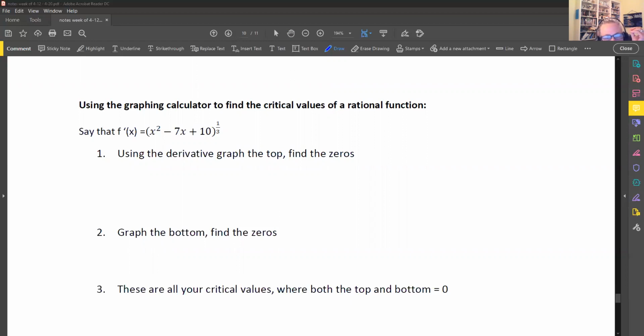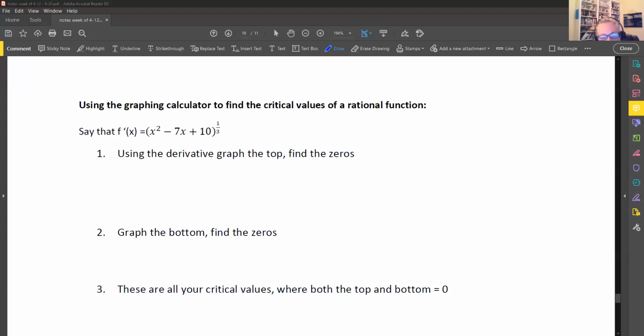So using the derivative graph on the top, find the zeros. First thing I'm going to do is find the zeros because those are critical values. So I'm going to graph it. Oh, I got a weird window. Let me break out of that. Hit zoom 6. There we go. Okay, I see 2 critical values, one at 2 and one at 5.